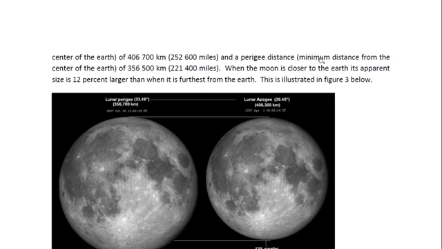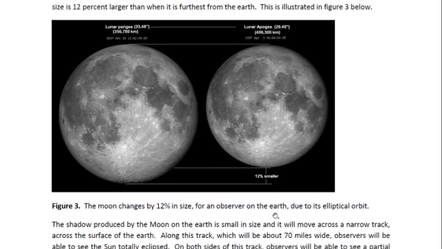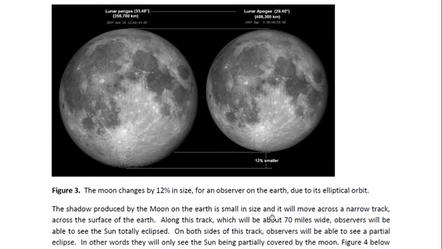And the perigee distance is 356,500 kilometers, or 221,400 miles. Now, the moon size varies for an observer on Earth by 12%. This is what the moon looks like when it's at its closest distance to the Earth, the perigee position, and this is what it looks like from its apogee position. So there's a variation of 12%.